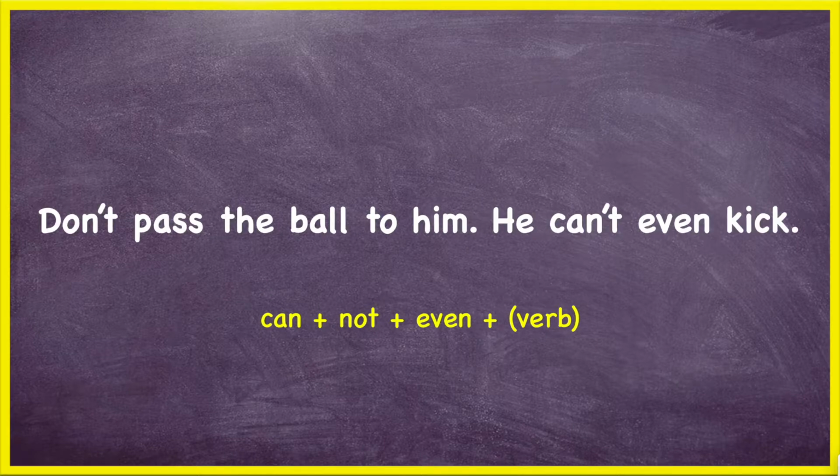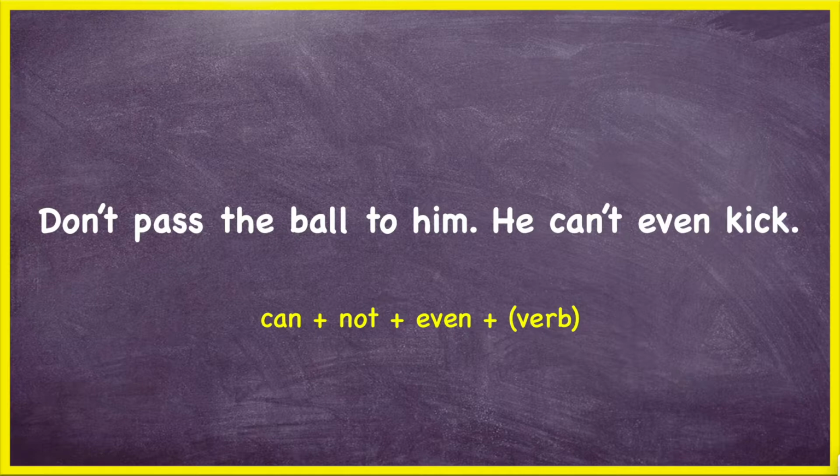Don't pass the ball to him. He can't even kick. All right, here it's can, not, even, and then verb. So he can't even kick. All right. And again, you might use the negative never. You wouldn't say he can never even kick.